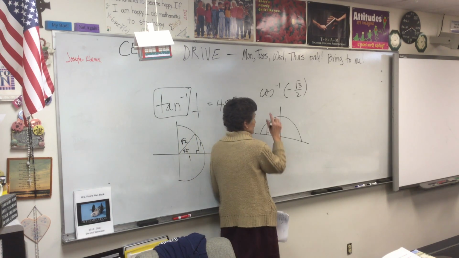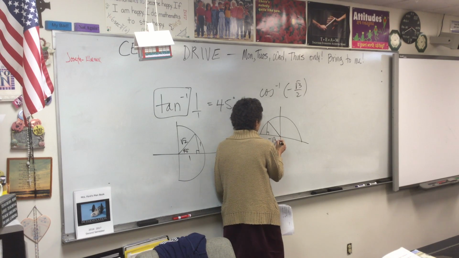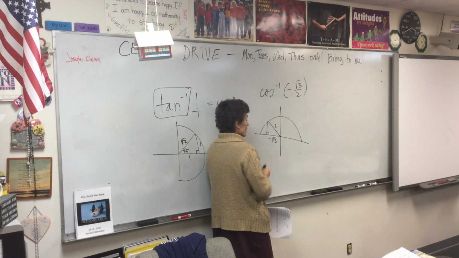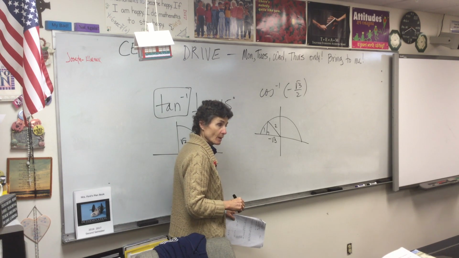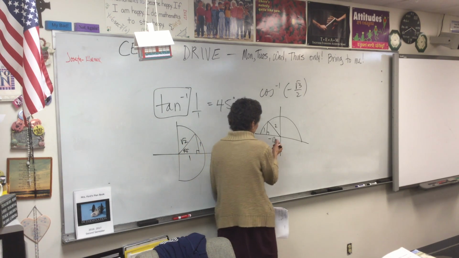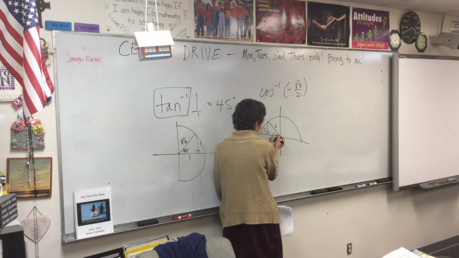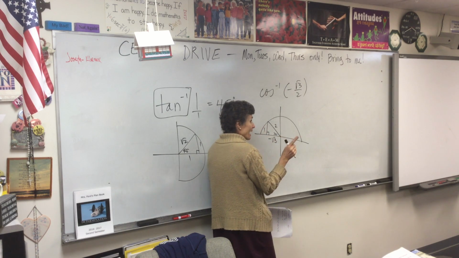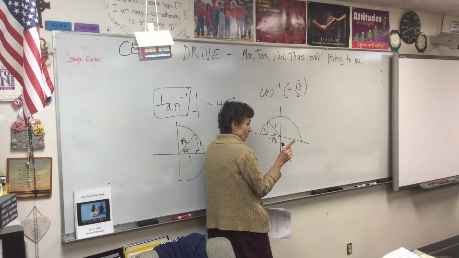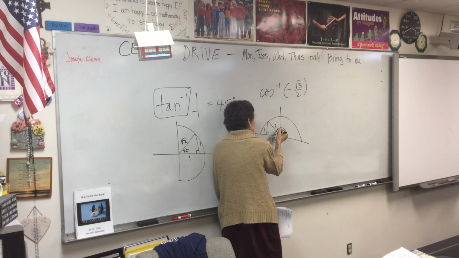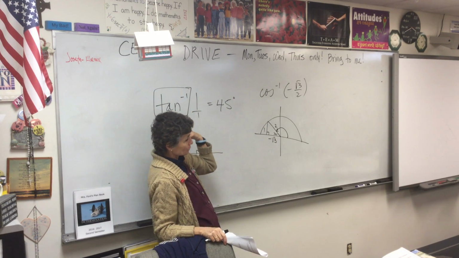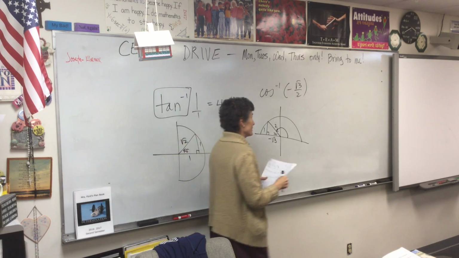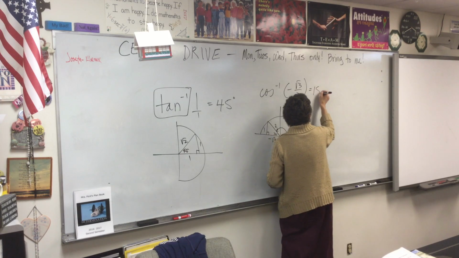This cosine is negative root 3 over 2, which means that's a 1. Which means this angle is how big? 30. That is not the answer. This is the answer. You got to get into quadrant 2. 150 is the answer to the problem.